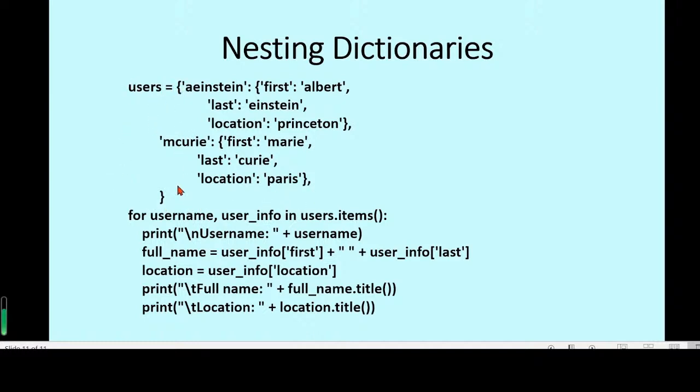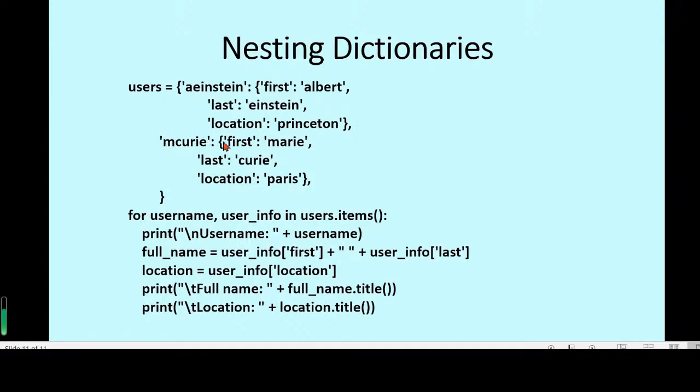So we create a dictionary. Inside this dictionary, for the key Einstein, a person, we store another dictionary as the value of this key. And for Marie Curie, we store another dictionary as the value of this person.